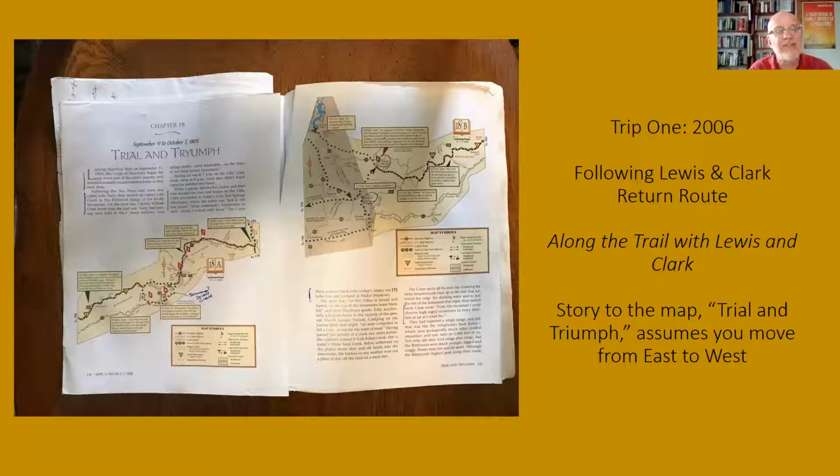The funny thing about it is that when I did so, using the guidebook, I found myself in this narrative of trial and triumph, and the guides actually made no sense because I was moving from west to east. And like I said, the maps were all out of order.